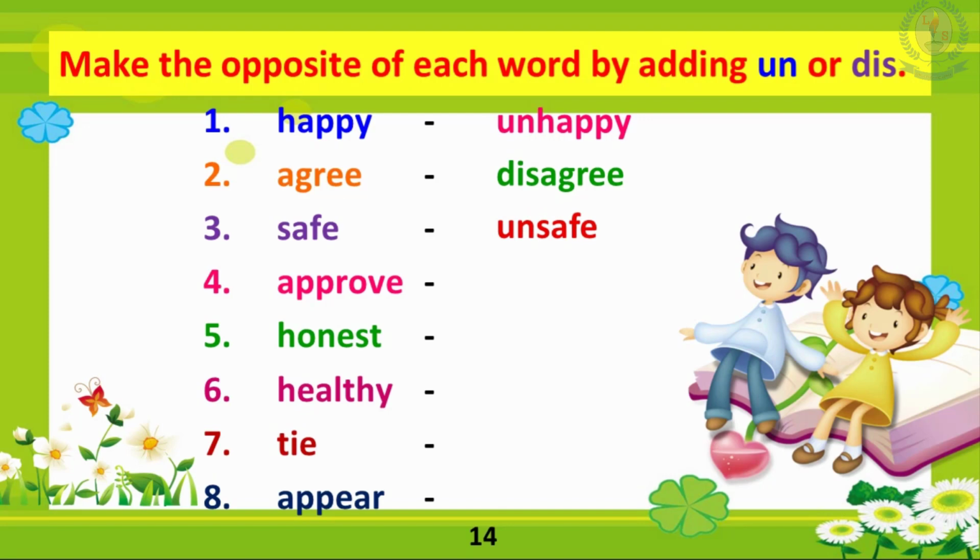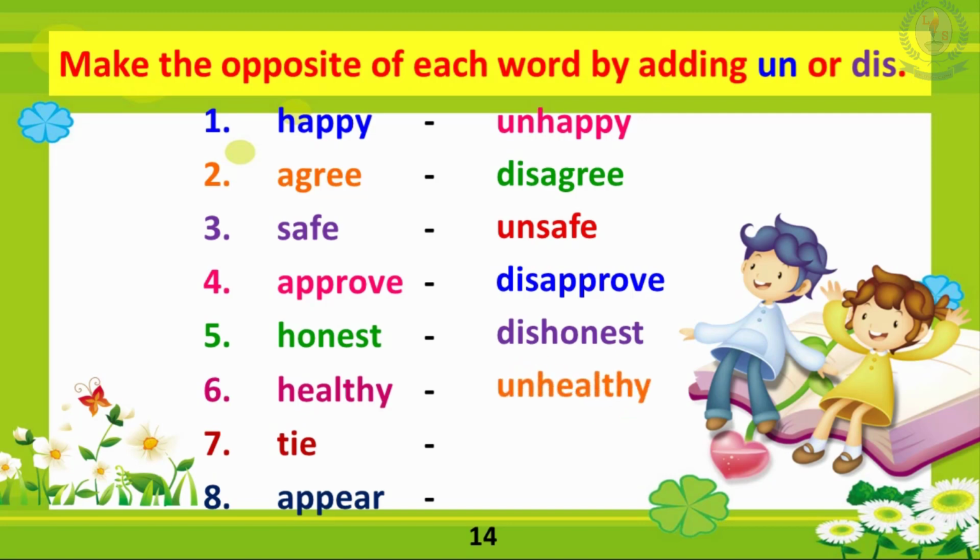Is it unapprove or disapprove? Yes, it's disapprove. Then what's the opposite of honest? Is it unhonest or dishonest? Yes, it's dishonest. Then what's the opposite of healthy? Is it unhealthy or dishealthy? Yes, it's unhealthy.